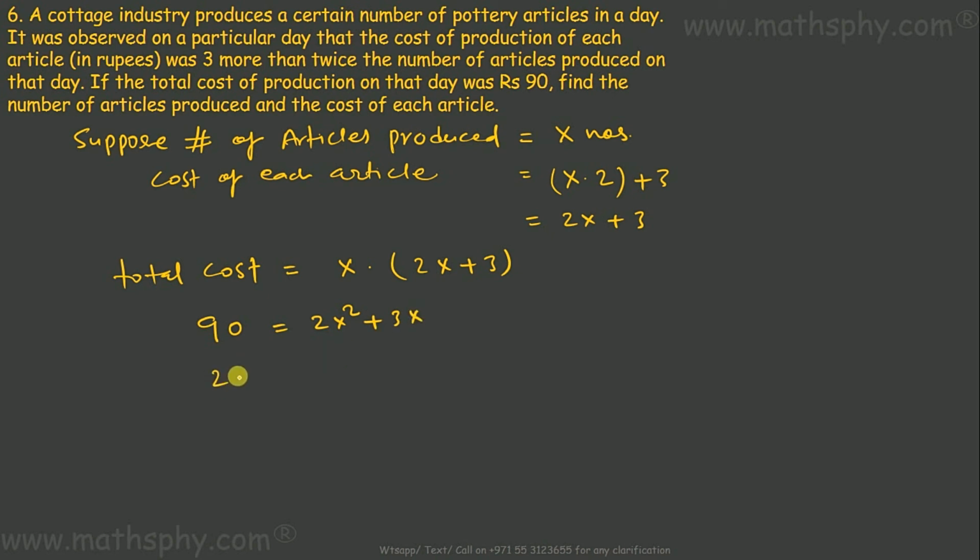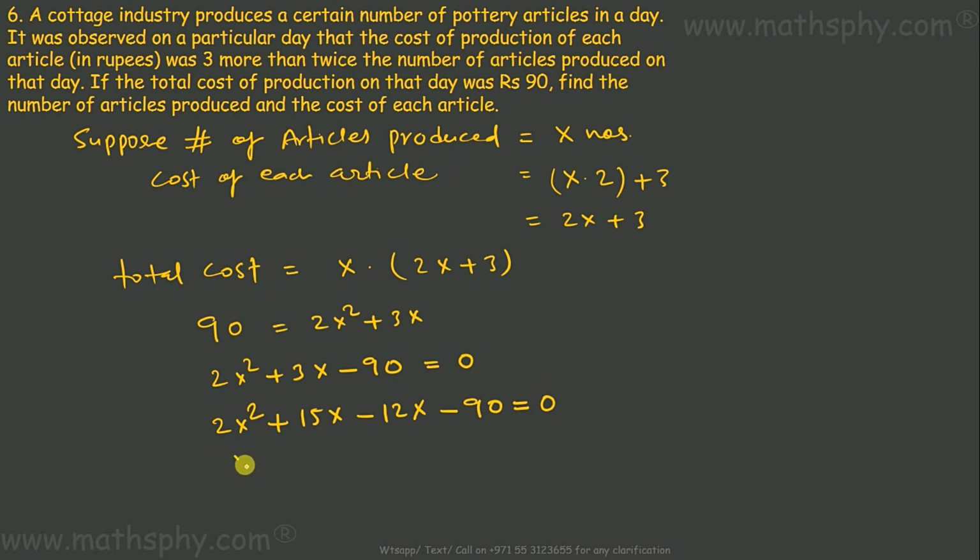This can be 2x squared plus 3x minus 90 equals 0. If I solve this, I'll get 2x squared plus 15x minus 12x minus 90 equals 0.